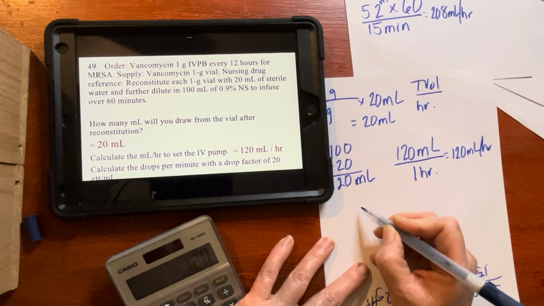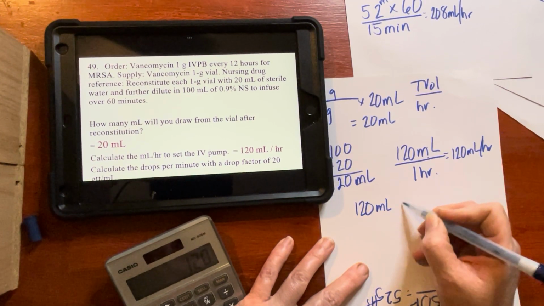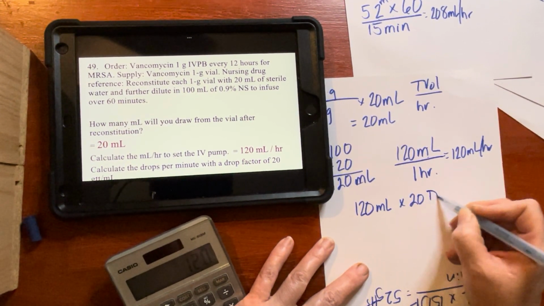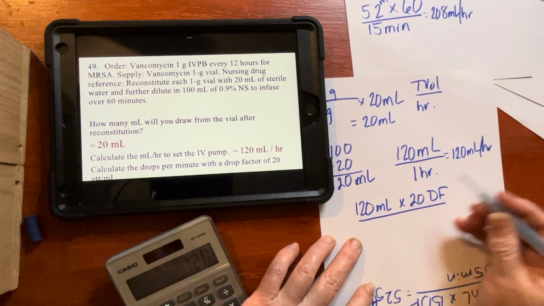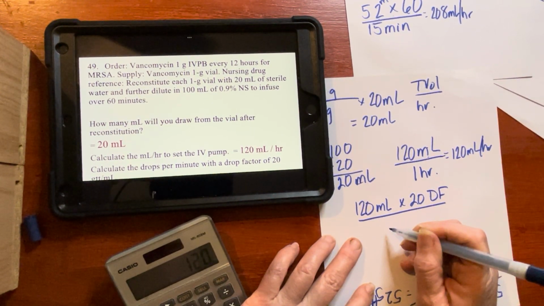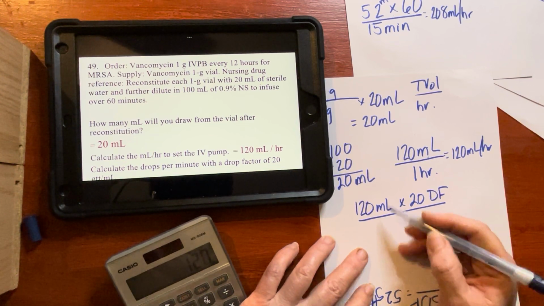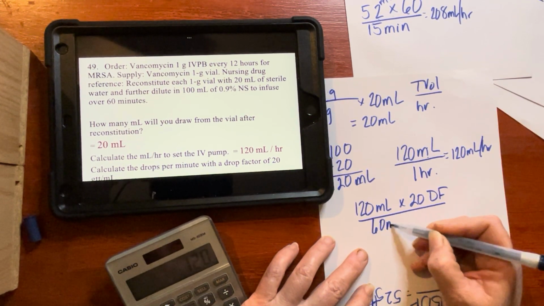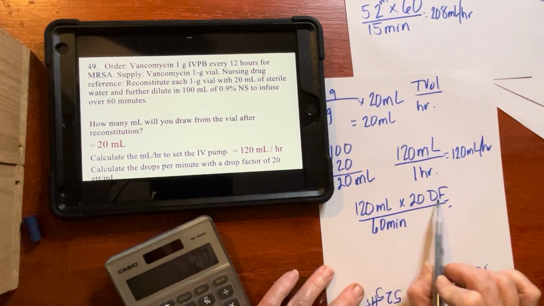And so we're going to do the drop factor: 120 milliliters times a 20 drop factor divided by 1 hour. And the time has to be in minutes. Burn that into your frontal lobe. 60 minutes. It has to be in minutes on the drop factor. So we're going to do all the math on the top.